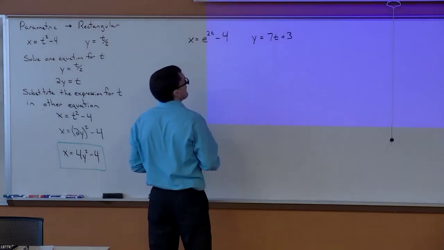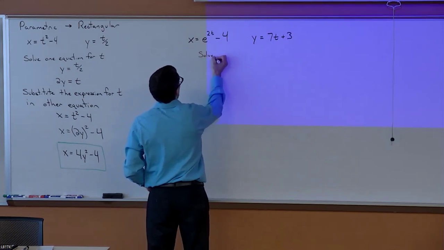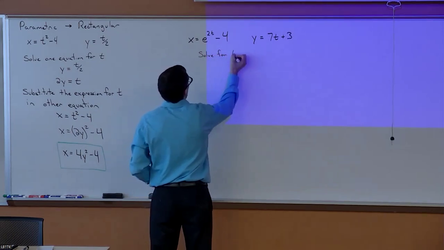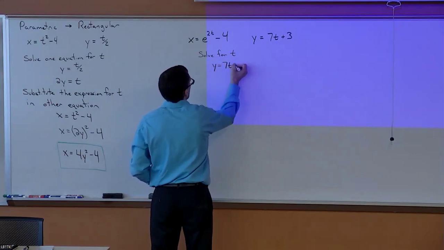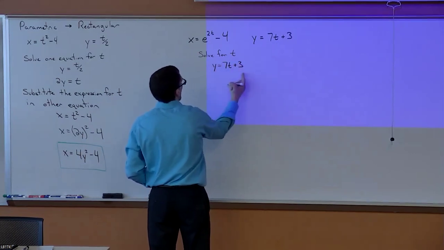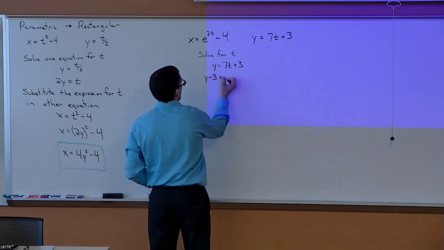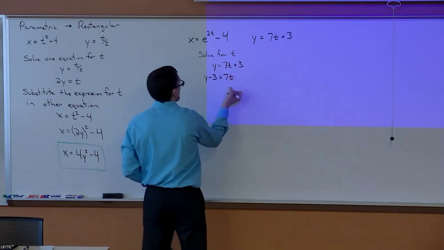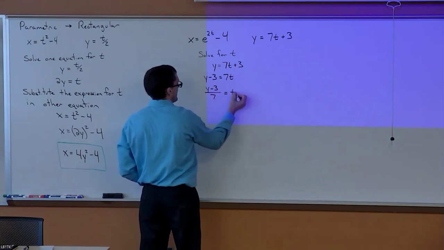All right, in this one, I would probably take y equals 7t plus 3 and solve that one for t. When you do that, you get y minus 3 equals 7t. Dividing by 7, y minus 3 over 7 is equal to t.